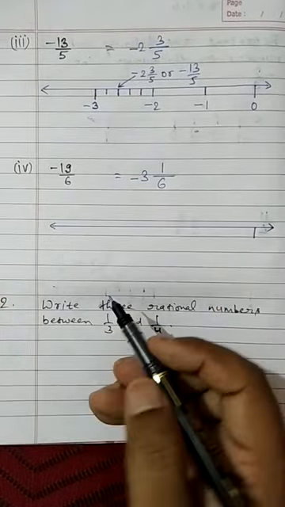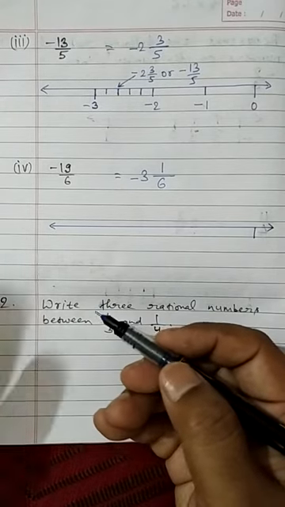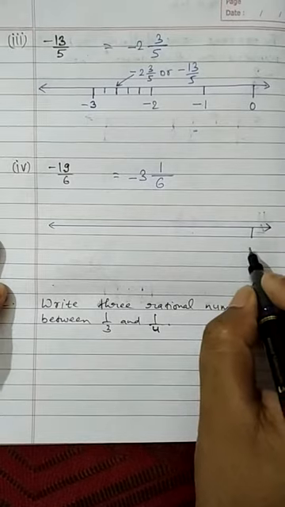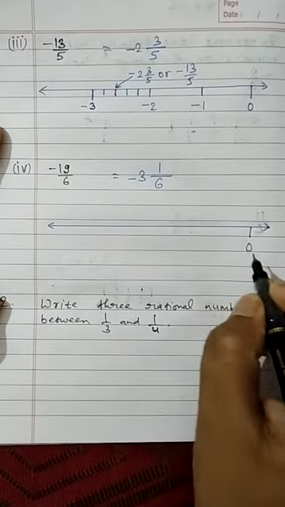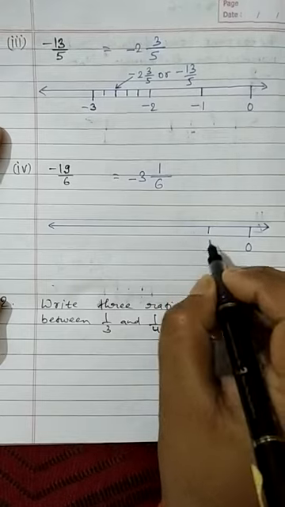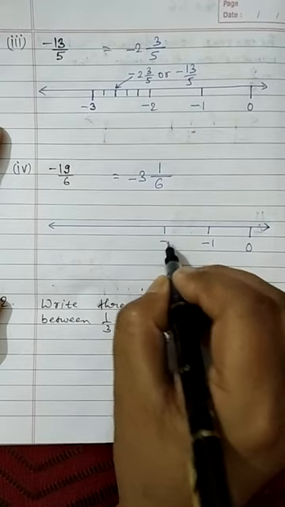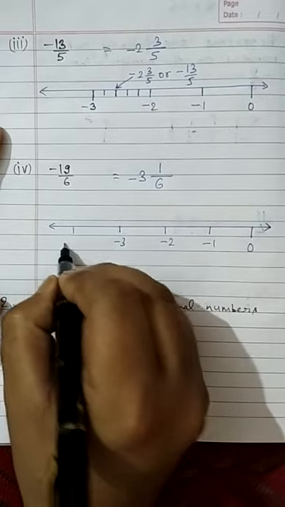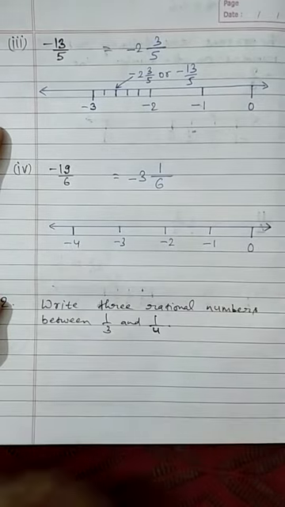So this is a negative rational number, so we need not showing the positive side. This is 0, minus 1, minus 2, minus 3 and minus 4.